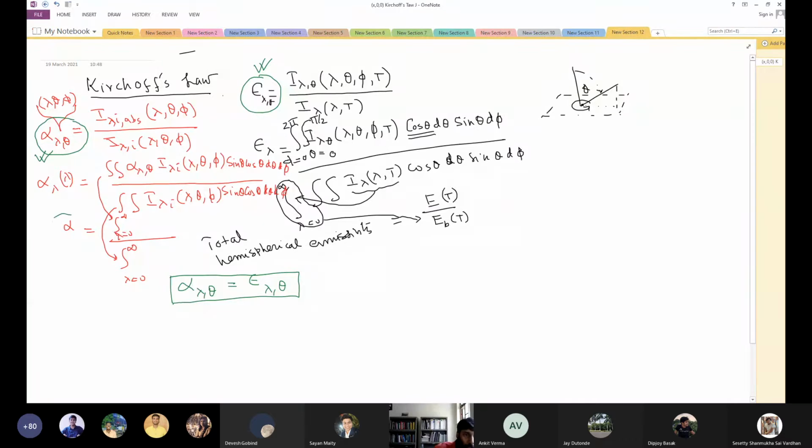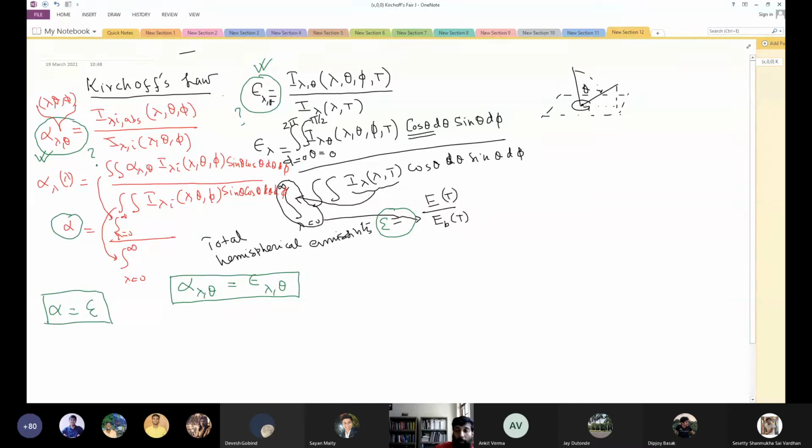So alpha and epsilon are the important quantities for us, not these ones. So we ask the following question: can we write alpha equals epsilon? The answer is no, in general.